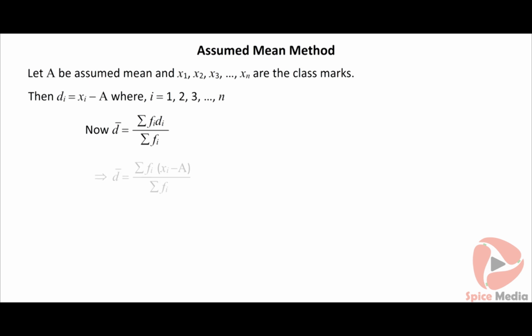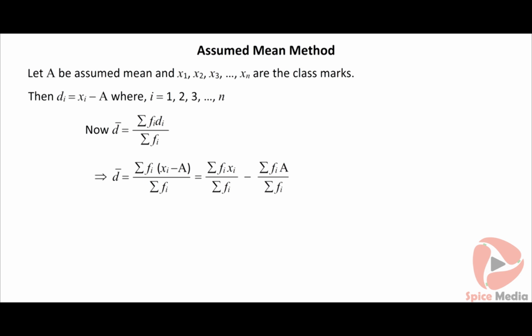Let a be assumed mean and x1, x2, x3 and so on, xn are the class marks. Then di is equal to xi minus a, where i is equal to 1, 2, 3 and so on, n.